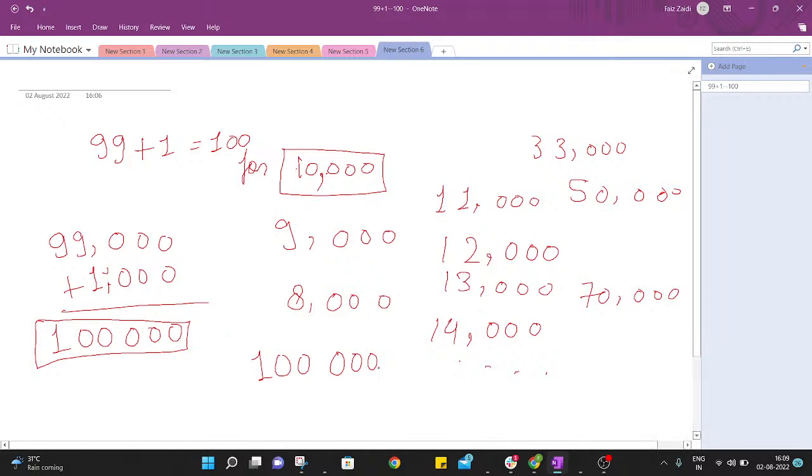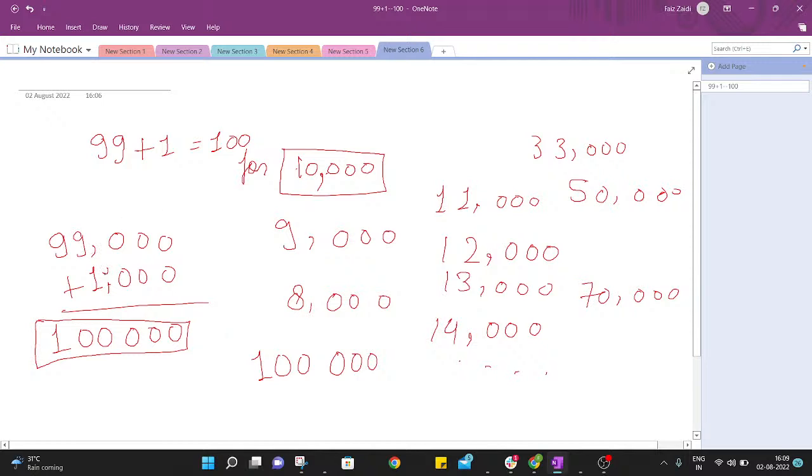So this is 100,000. So where do you think we should put a comma in this number to make it look very good and more easily readable? Because this is 100,000, and I have told you that we are putting a comma after each thousand, like 10,000, 9,000, 8,000, 12,000, 14,000, 70,000, 50,000, 99,000.